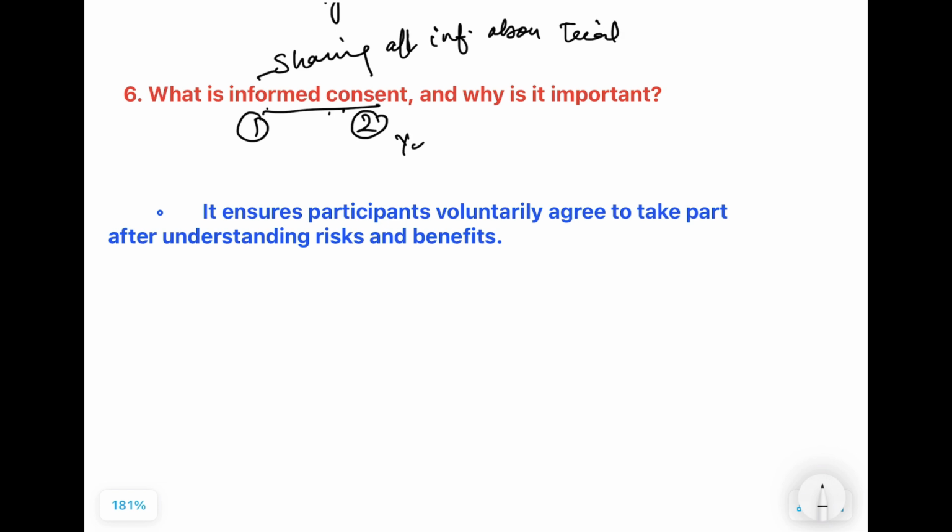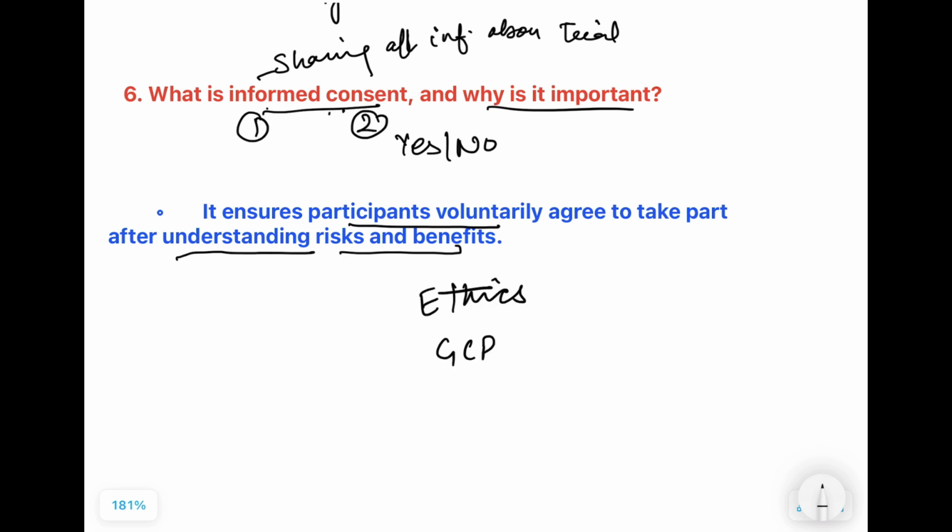Consent, the patient says yes or no. Why is it important? Because this ensures the participant voluntarily agrees to take part in the study. He is not under any pressure. After knowing about the study, its risk and benefit, this is how in practice we are ensuring ethics, we are also ensuring GCP.